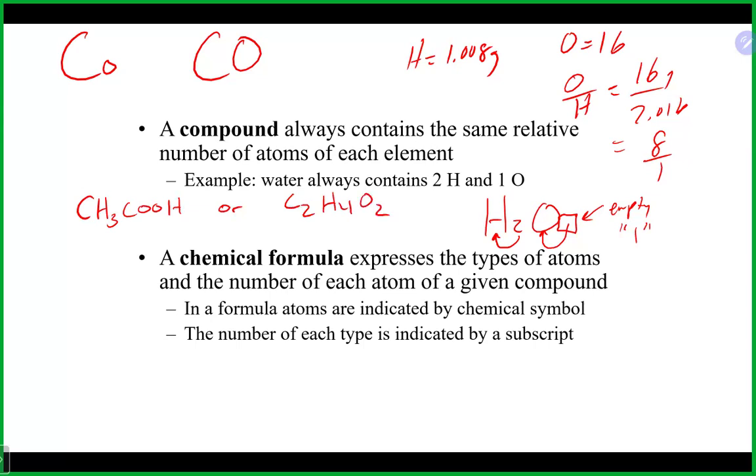These are 2 different ways that a chemical formula could be written. And once again here, 1 carbon there, 3 hydrogens there, 1 carbon, 1 oxygen, 1 oxygen, and 1 hydrogen, 2 carbons, 4 hydrogens, and 2 oxygens in this case.